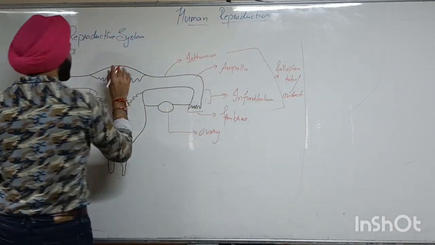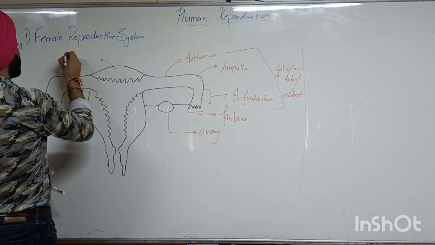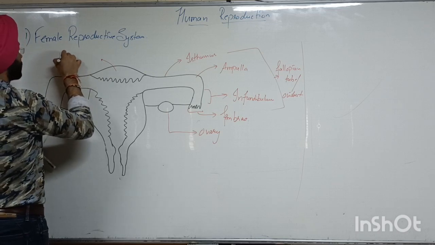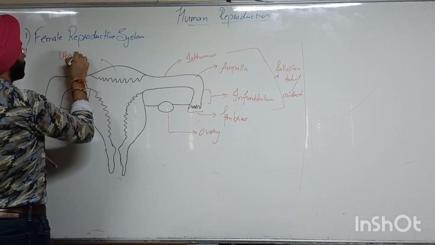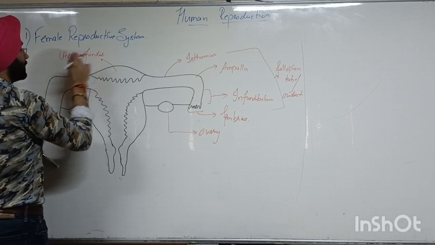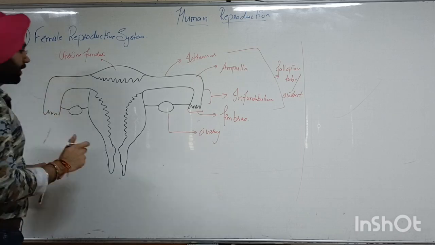This upper, superior part is known as the uterine fundus. So again, this is the ovary and this is the fallopian tube.